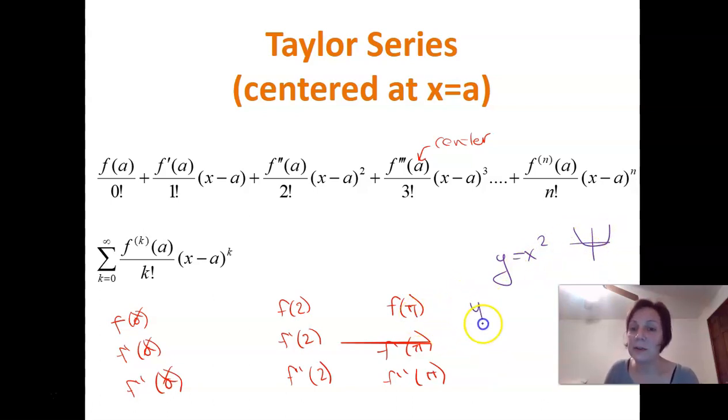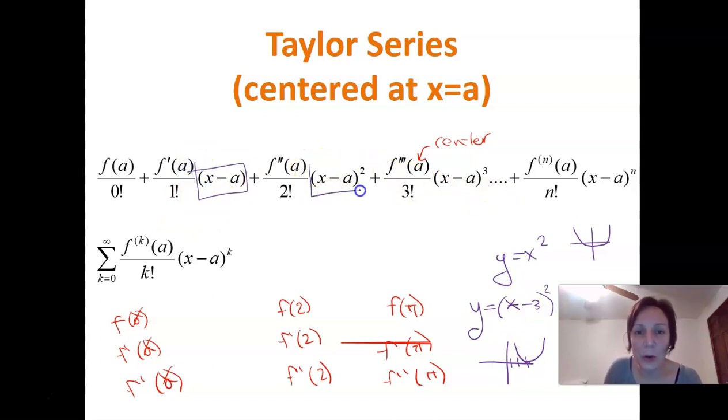But if I said to you y is equal to (x minus 3) squared, you know that that is a parabola that is shifted over 3. So if you want to shift your Taylor polynomial over, all you do is, instead of having powers of just x, you shift it.